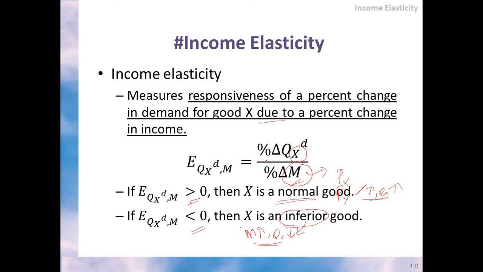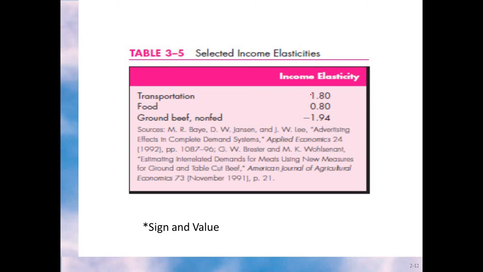You don't have to memorize this, but you have to understand the concept, and we have learned about this at length in chapter 2. If we look at this example of values here, we can tell what type of good transportation is. From this value, 1.8, transportation is a normal good.